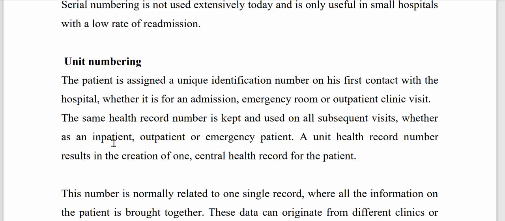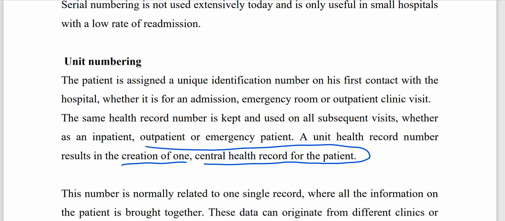Therefore, later the same health record number is kept and used on all subsequent visits, whether they are inpatients, outpatients, or emergency patients. So a unit health record number results in the creation of one central health record for the patient.